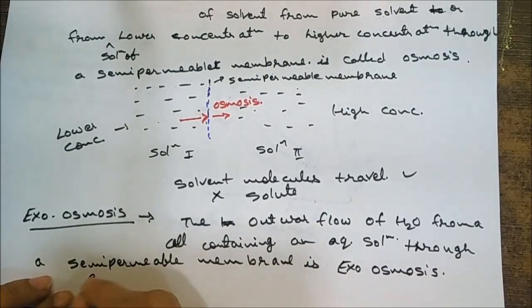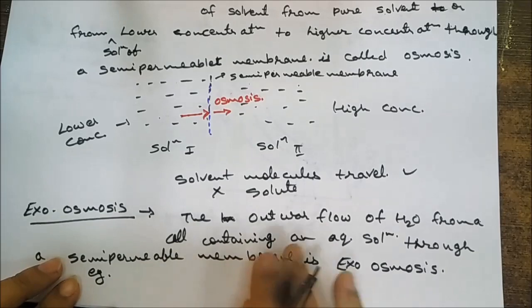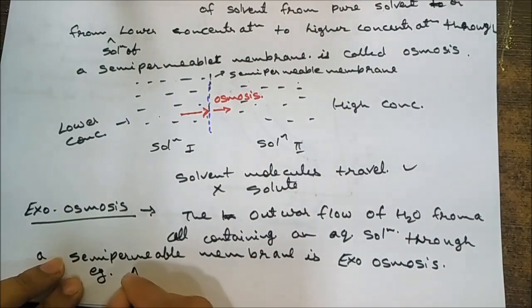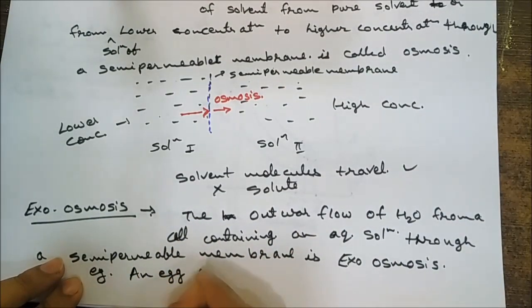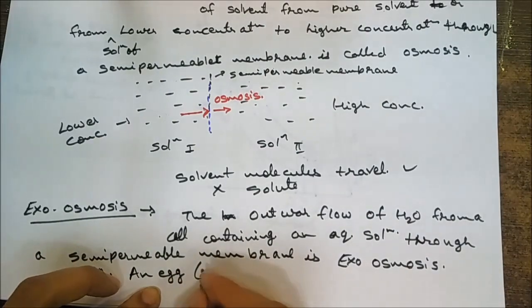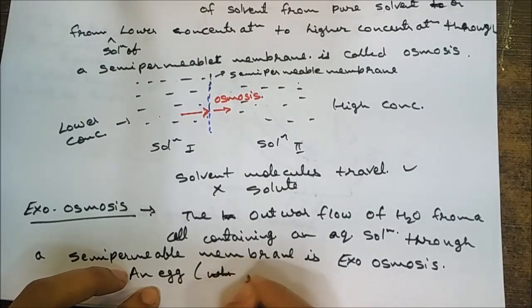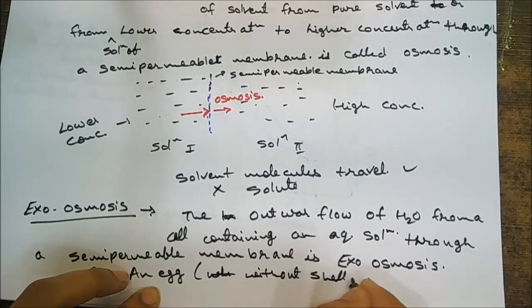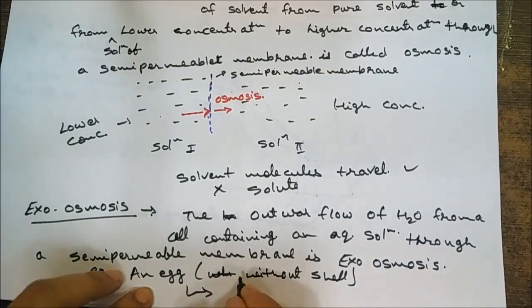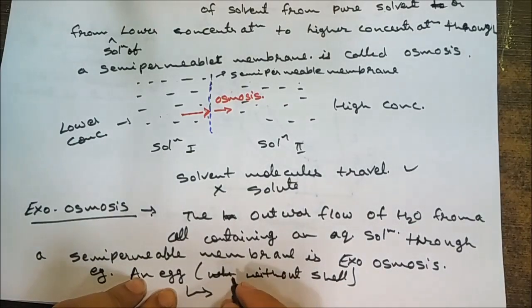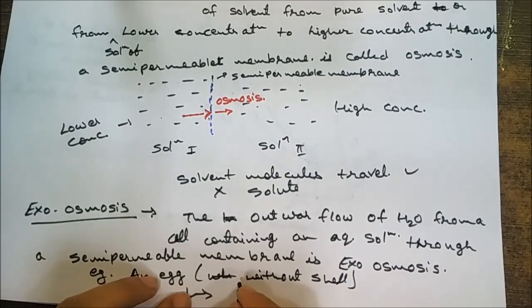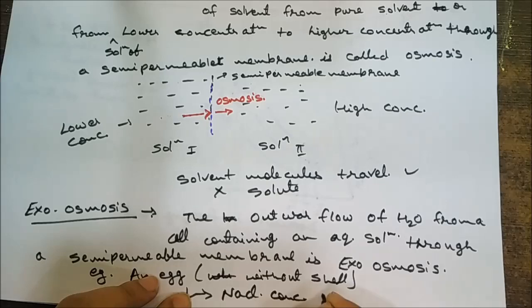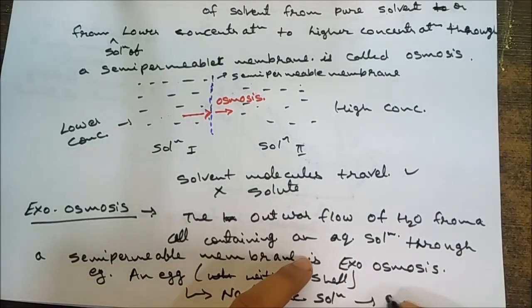An example is when we put an egg without shell in an aqueous solution or in a concentrated solution of sodium chloride, then this egg will shrink.